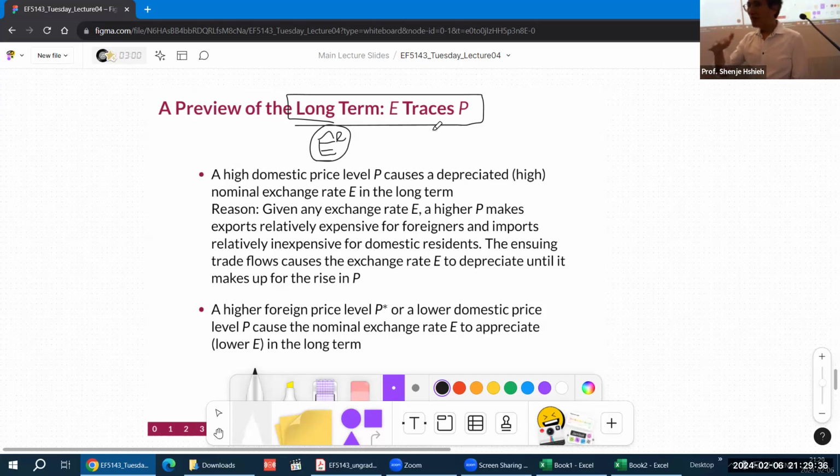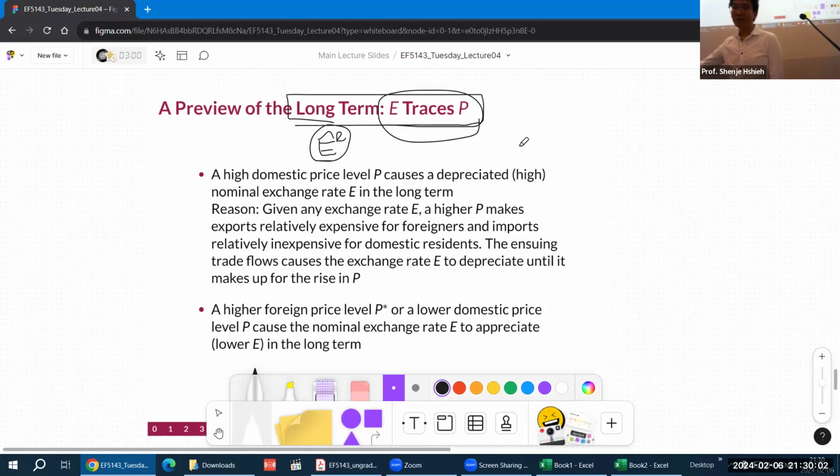So if P is constant in the short run, but the monetary policy is permanent, then you should expect inflation in some form. So E must transition to a higher level when there's a permanent change in expectations. That's what I mean by E traces P. Because price levels, of course, will respond to the change in money supply.